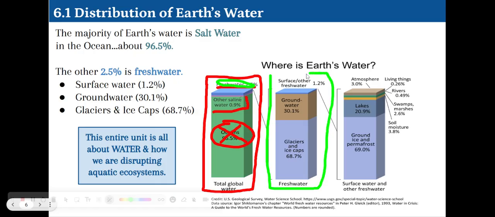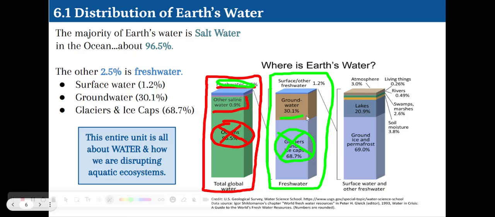So of this 2.5% of fresh water, 68% of it, almost 69%, is trapped in glaciers and ice caps, meaning that this is also unusable to us. We cannot use this for drinking purposes, bathing purposes, agricultural purposes.